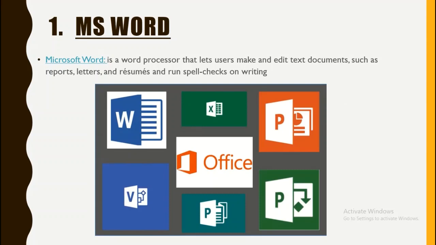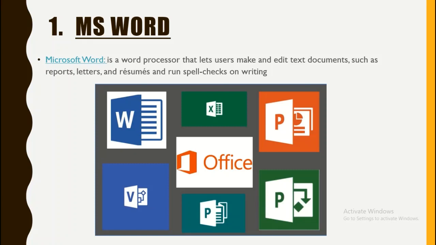So the first one is MS Word. MS Word is one of the important member software of MS Office. PowerPoint and Excel, these two are also very important, and I recommend to the students that you should make yourself master in these three software, which are MS Word, Excel and PowerPoint.